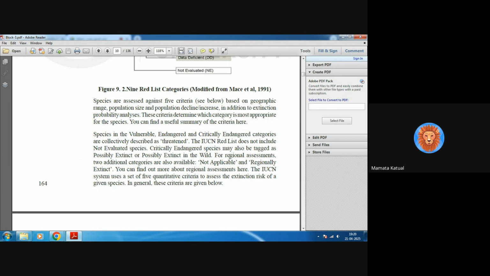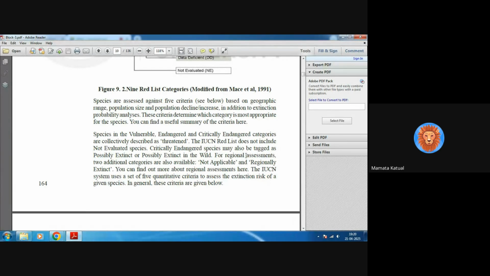So for regional assessment, 2 additional categories are also available. If we want to study in a specific region, that means in a specific country, or if you study in a specific state, then that is known as regional.